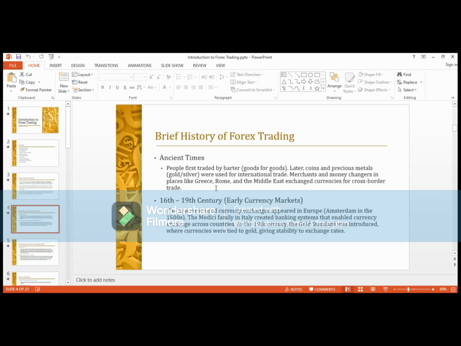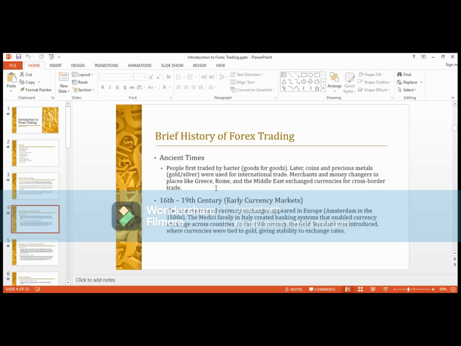Later, coins and precious metals, that's gold and silver, were used for international trade. Merchants and money changers in places like Greece, Rome, and the Middle East exchanged currency for cross-border trade. Later on, during the 16th to the 19th century, that was the early market.